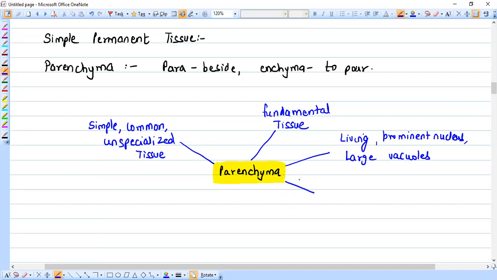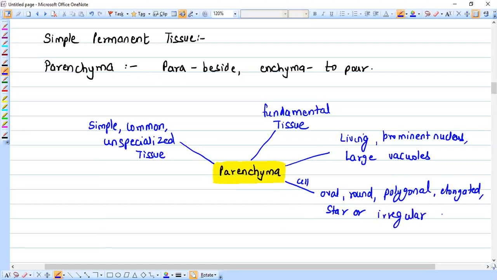When we talk about the cells of parenchyma, they can be oval, round, polygonal, even elongated, star or irregular shaped. So there is no fixed shape to the parenchyma cells.